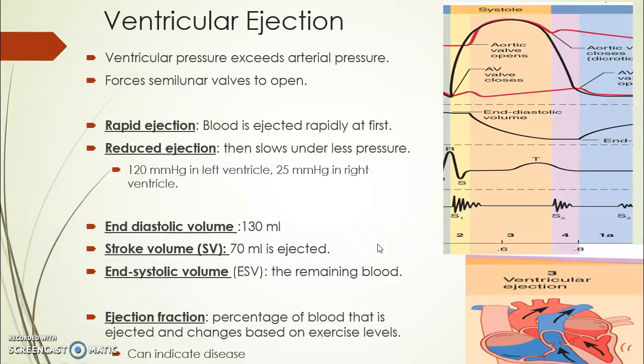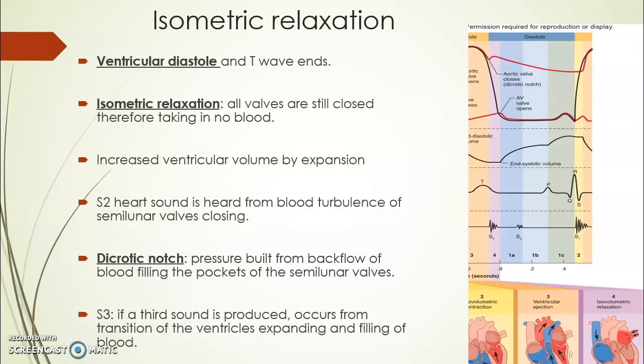Now back to this ejection part, we're going to see that the ejection, or this big change in pressure, is going to be consistent with our QRS complex, mainly that R and S part, which is that depolarization of the ventricles, to allow that contraction to occur and allow this amount of pressure to increase.